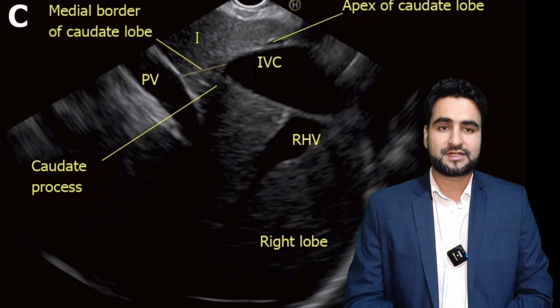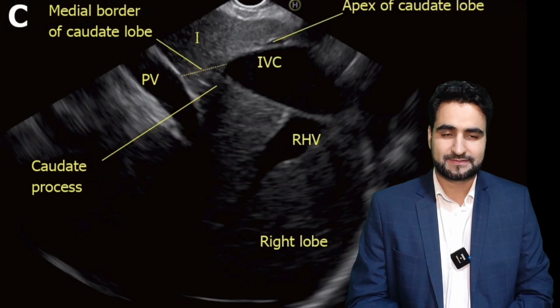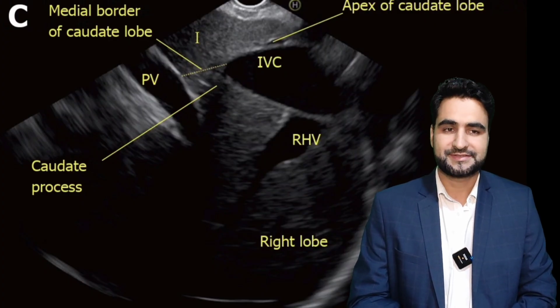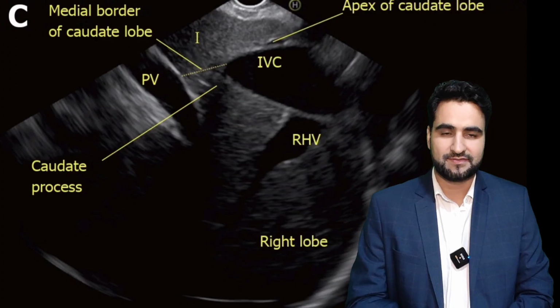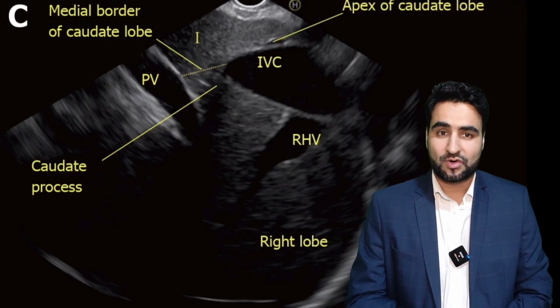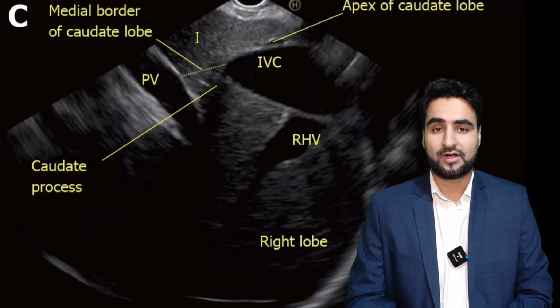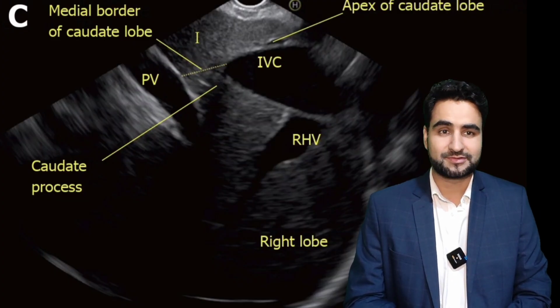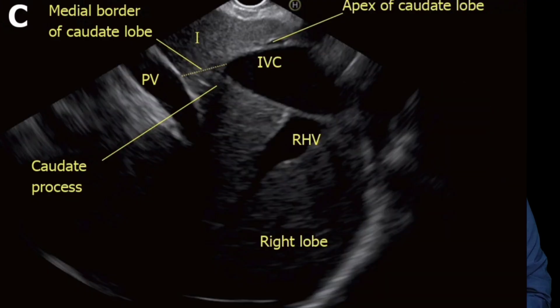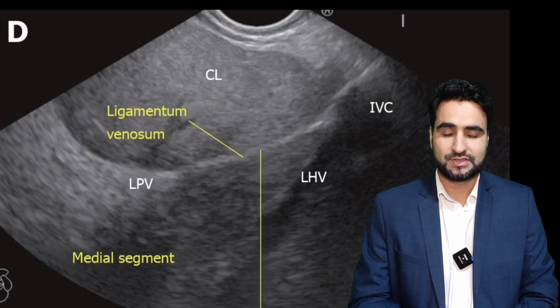Blood supply to the caudate process often comes from both right and left portal branches, and it drains directly into the inferior vena cava. Understanding this continuity is crucial. It explains why some caudate lobe tumors can extend into the right lobe, or why resection sometimes involves the caudate process separately.